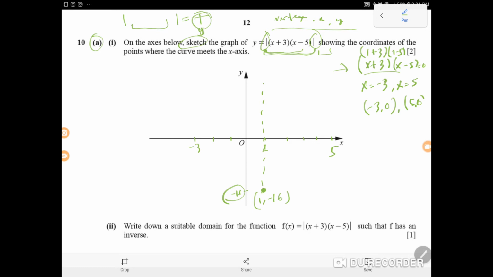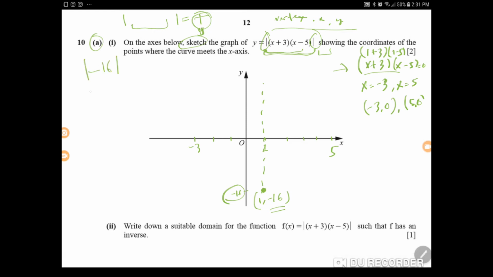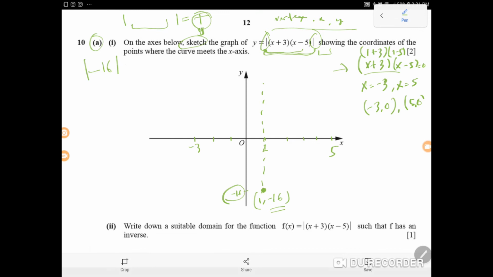You notice that our y here is negative 16. So in that case, we have to flip it up. When you put negative 16 inside an absolute function, the absolute value of negative 16 is 16.